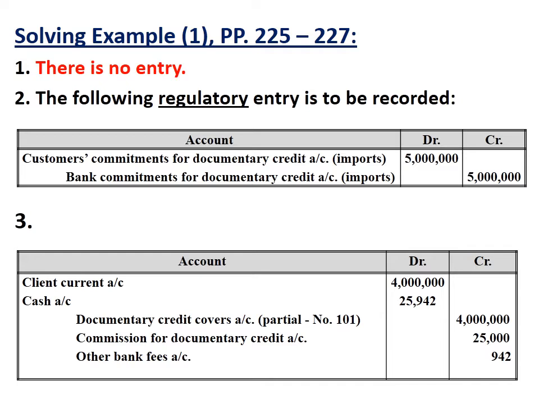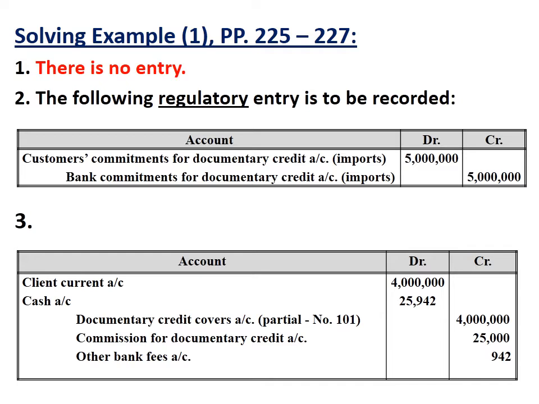Now we can fulfill the regulatory entry by the whole value, the 5 million: customer's commitment for documentary credit account, bank commitment for documentary credit account. He is mentioning between 2 brackets imports, to know that this documentary credit is for importing goods.